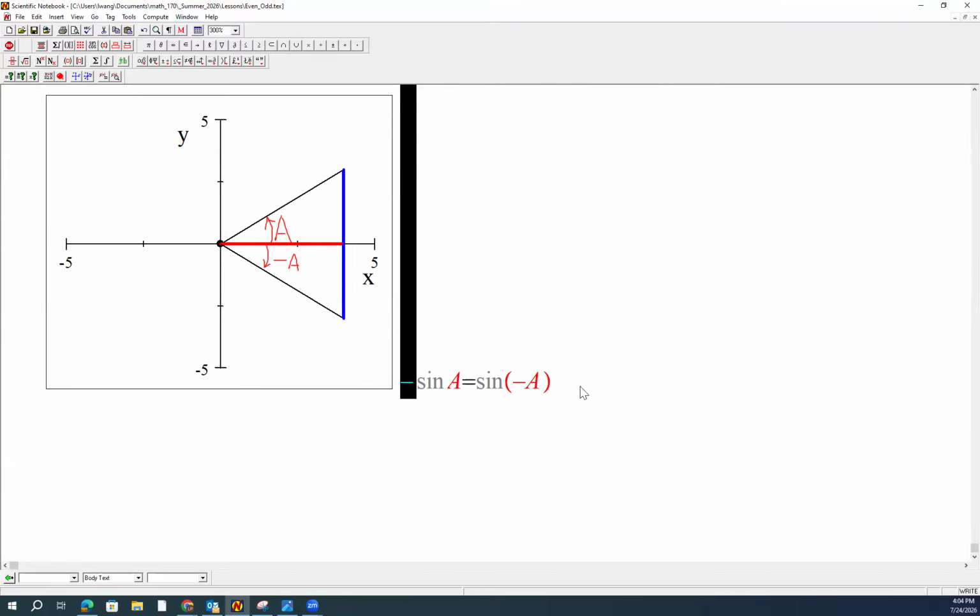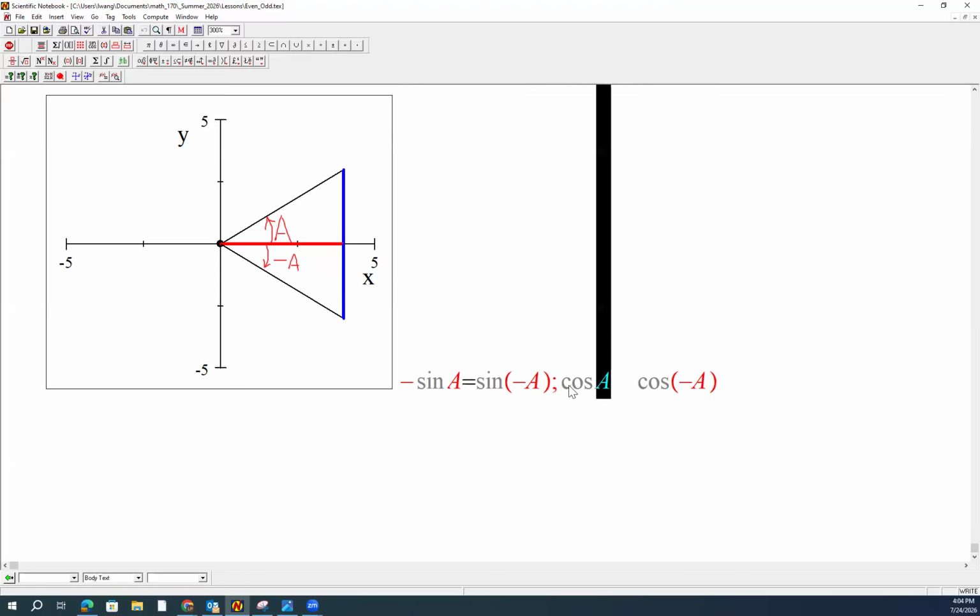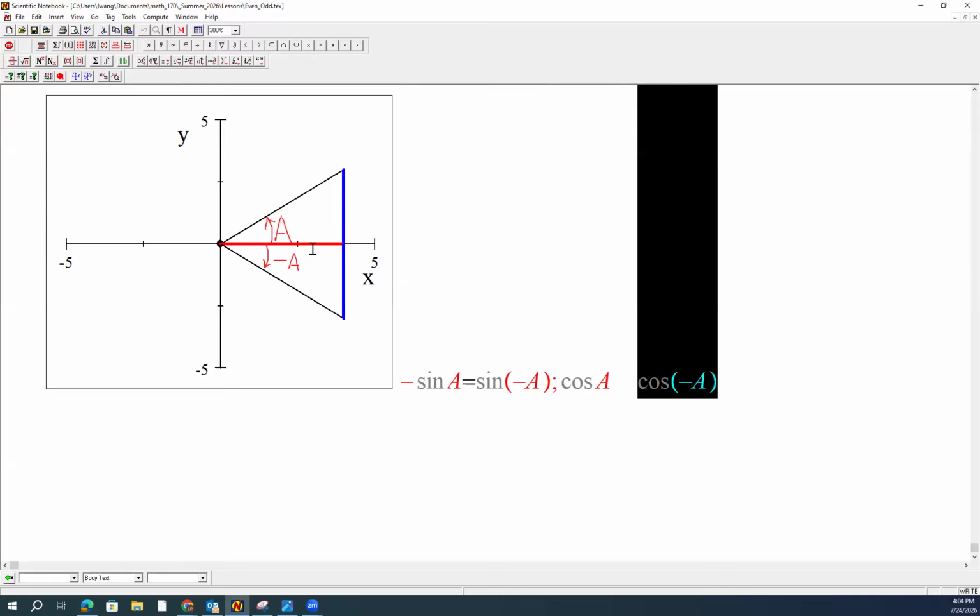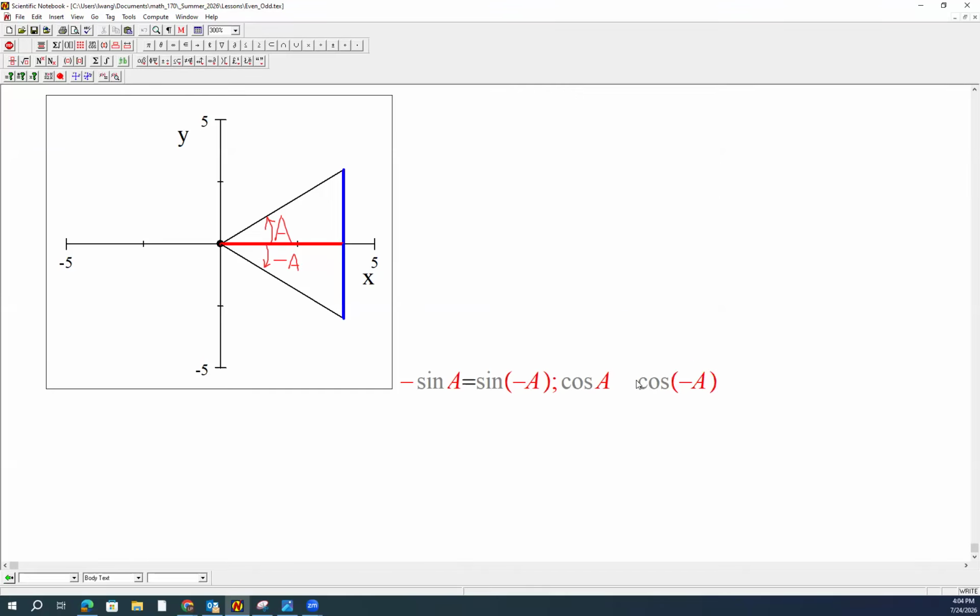How about cosine? Let's look at cosine A and cosine of negative A. Cosine A is red over R, and cosine of negative A is the same red over R. They have the same R, and they're both positive.